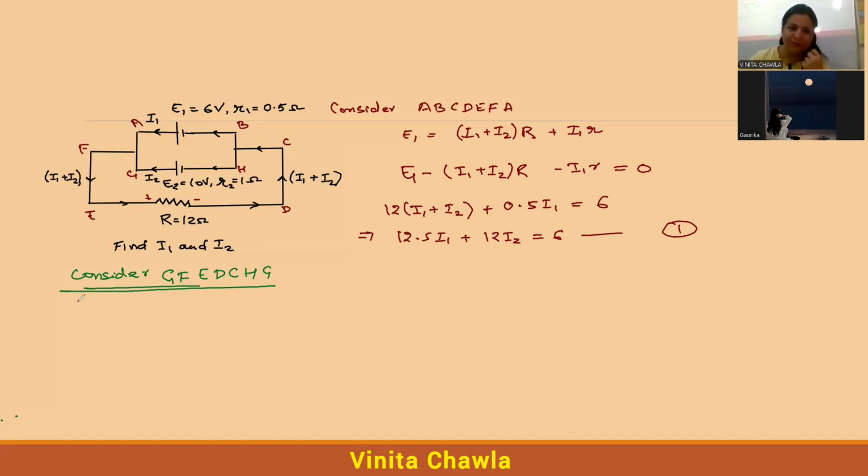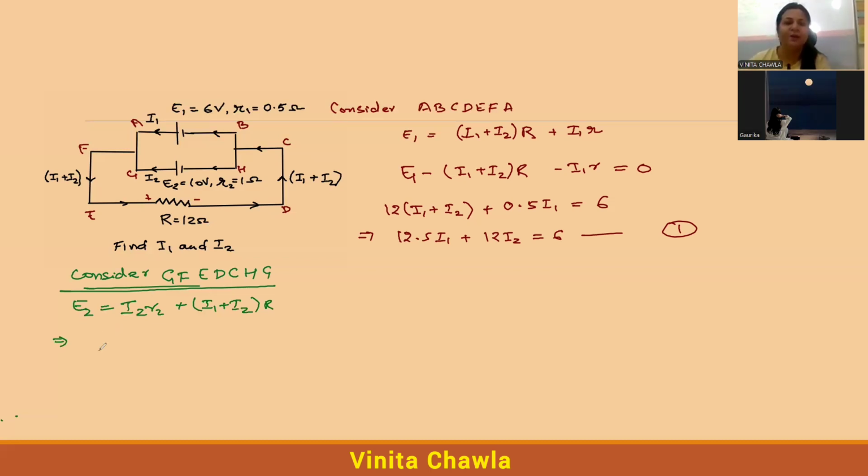E2 is equal to I2 R2. Then we have I1 plus I2. Do we have any other resistor? No, we have only two resistors in this loop. Okay, now put the values. I2 is, we don't know. R2 is 1 ohm.